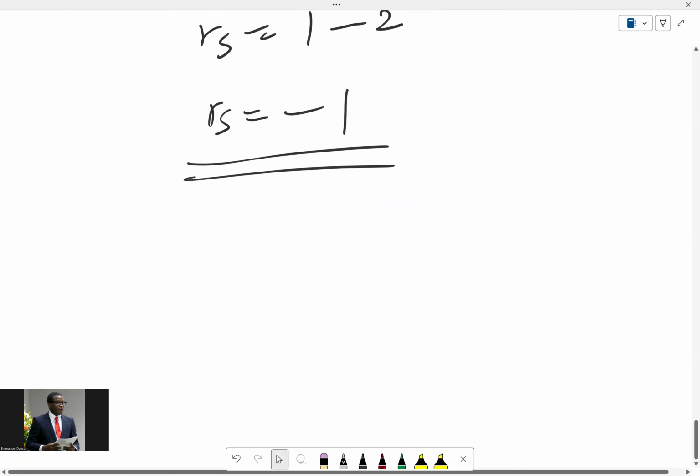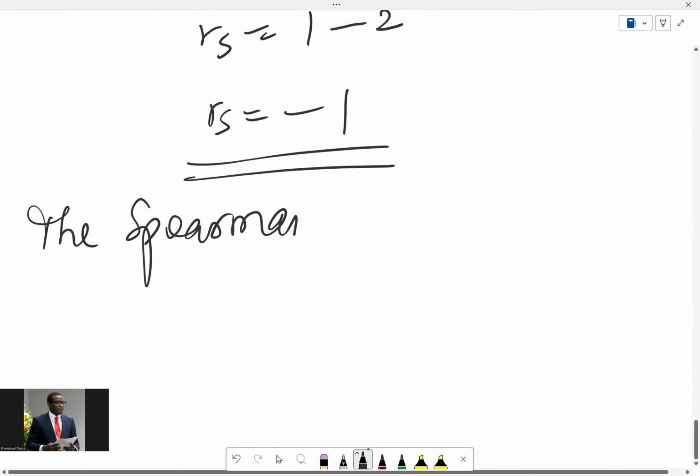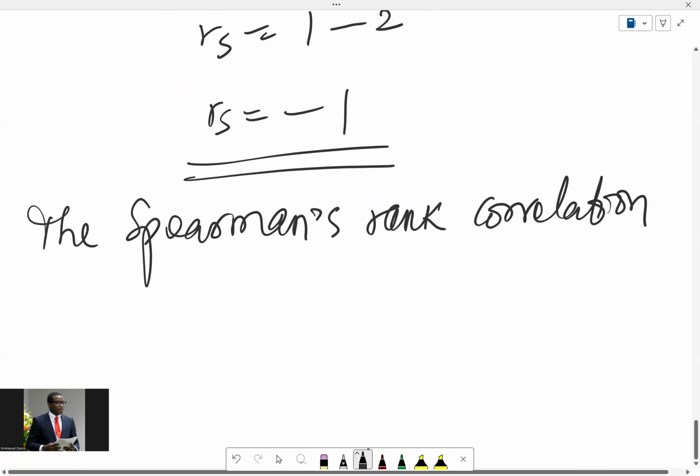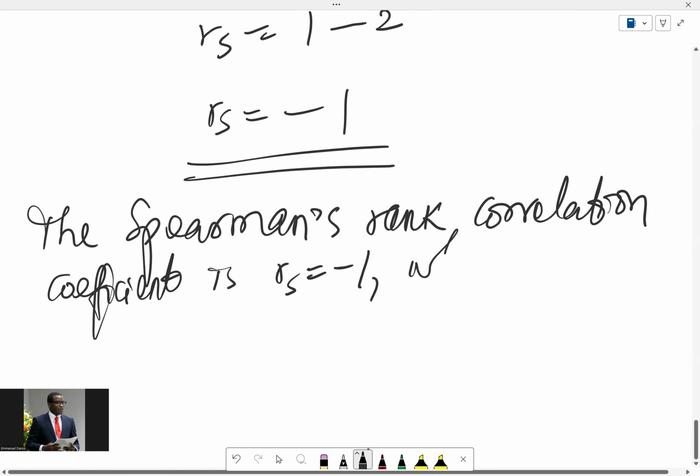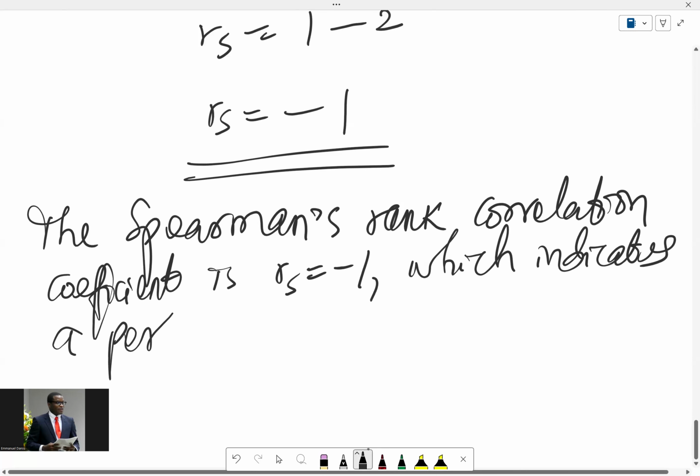So the interpretation is that the Spearman's rank correlation coefficient is rs, which is equal to minus 1, which indicates a perfect negative correlation.